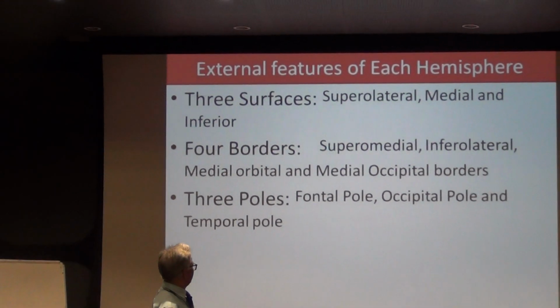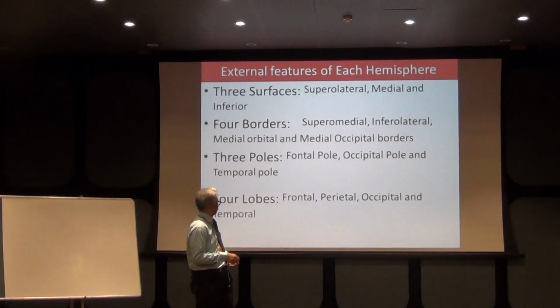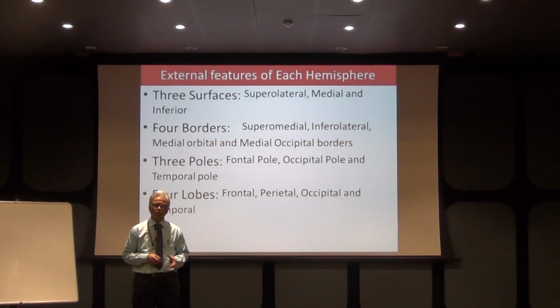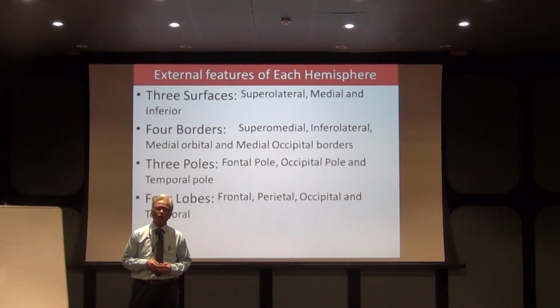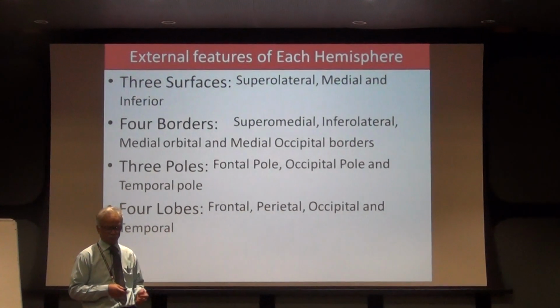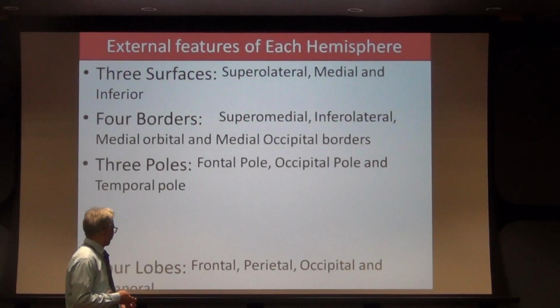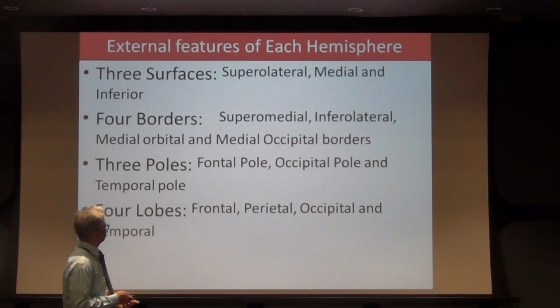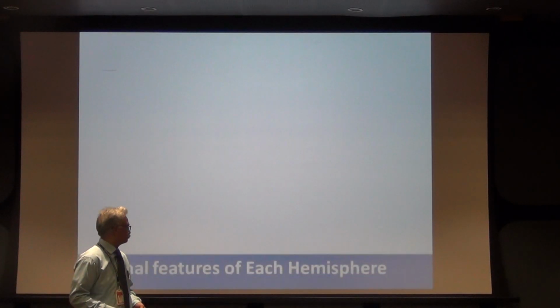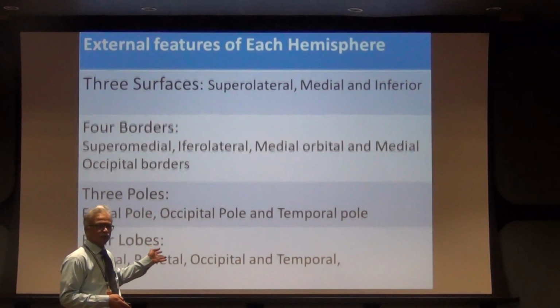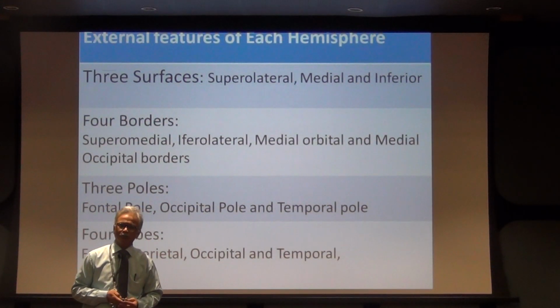And each cerebral hemisphere consists of four lobes. The lobes are frontal, parietal, occipital and temporal. So these are the features of each cerebral hemisphere.